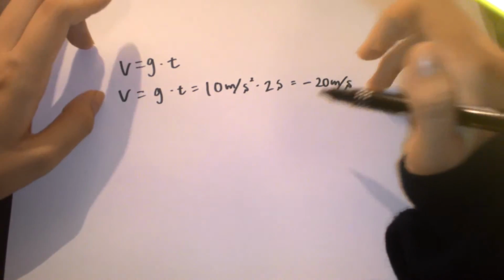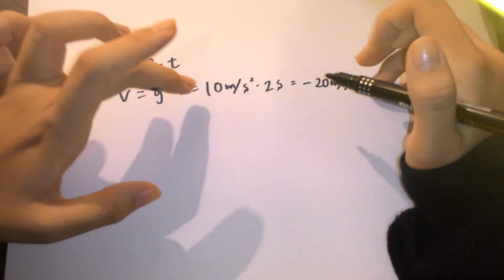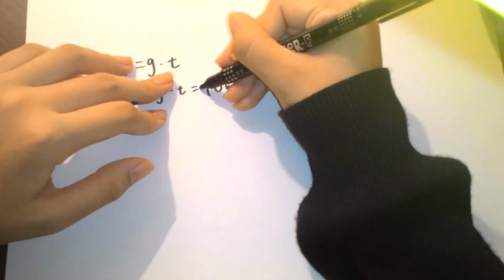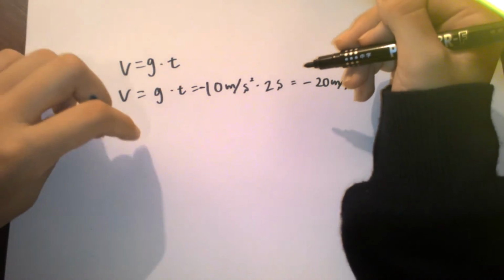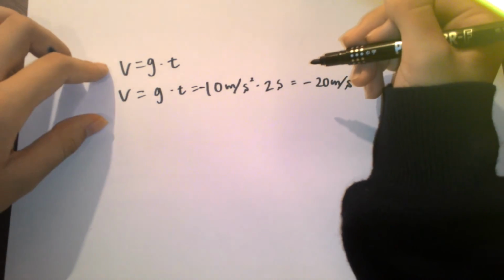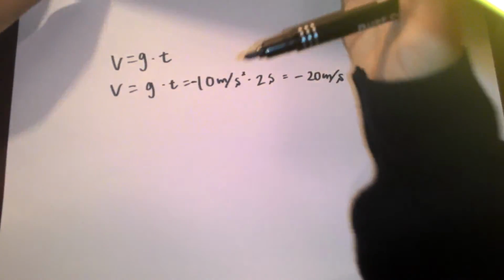We put a negative sign in front of the 20. Oh, I forgot. Because we take upward direction as positive, yep, negative like this.